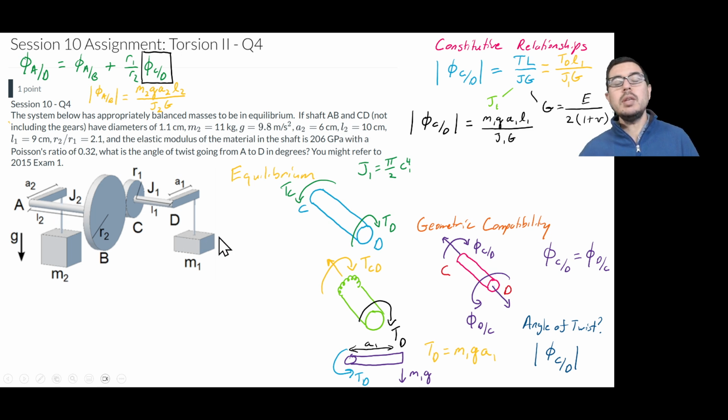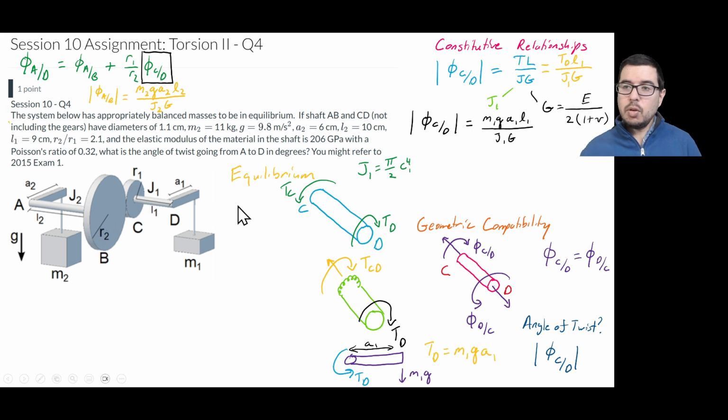Now, this system is in equilibrium, so we can figure out essentially what the reaction torque is. Remember, we're kind of envisioning this as a fixed wall now. We can figure out what the torque would be here, and then if we know the lever arm, we can figure out what the M1G would be, that force contributing to that torque.